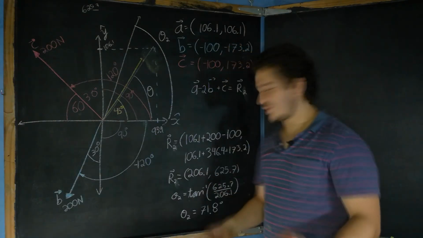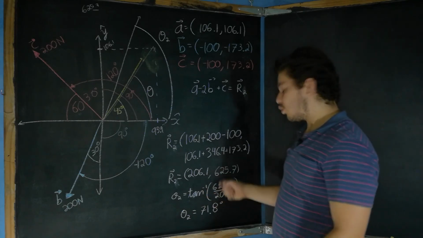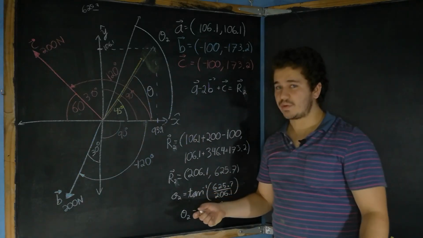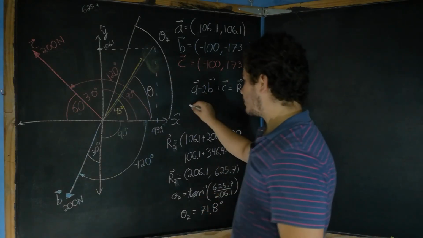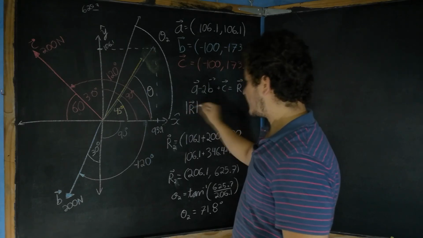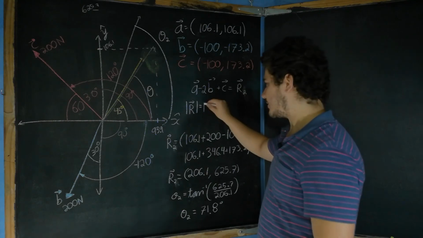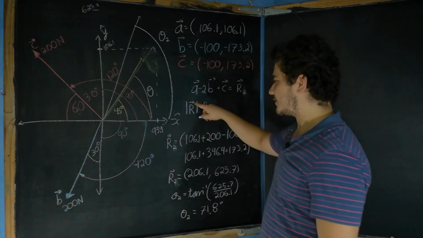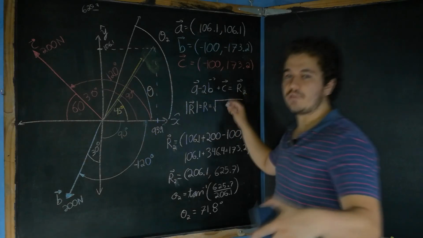If we want to find the angle, we use the equation that says that the inverse tangent of the y component divided by the x component is equal to the angle itself. If we want to find the magnitude, we write it like this. This is the magnitude of the vector. We can as well write it just without the vector sign up top. And this is equal to the square root of the sum of the squares of each of the components.